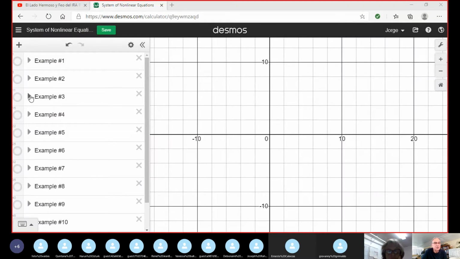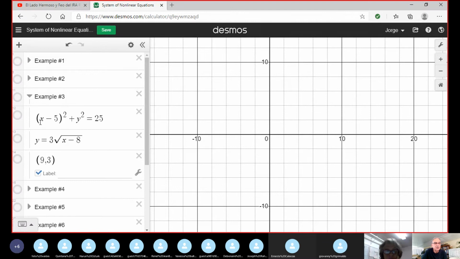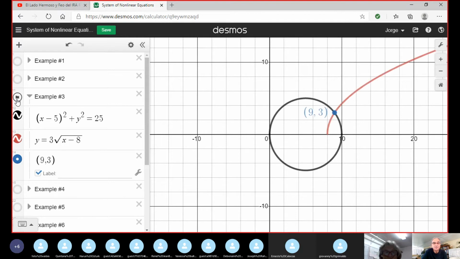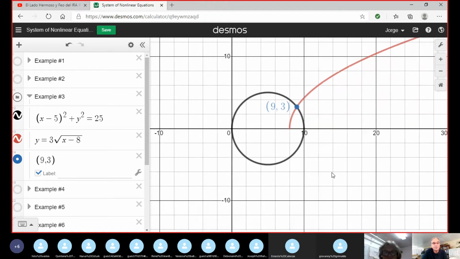Remember, we are doing example number 3. Example number 3 is (x minus 5) squared plus y squared equal 25, and equation number 2 is y equal 3 times square root of x minus 8. And we get one solution that is 9,3. Let me see if it's true or not. Boom, look at that.